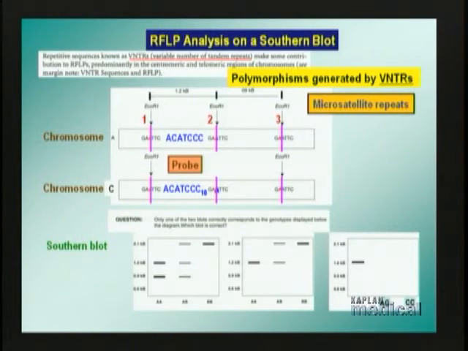What would happen if someone has an AC genotype? What would the banding pattern then look like? Well, if someone has an AC genotype, the fragment coming from chromosome A would be 1.2 kb in size. Nothing strange about that. But this fragment coming from chromosome C is going to be slightly larger in size. It's illustrated here, just slightly larger in size.